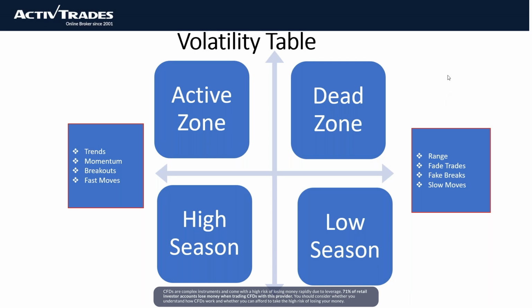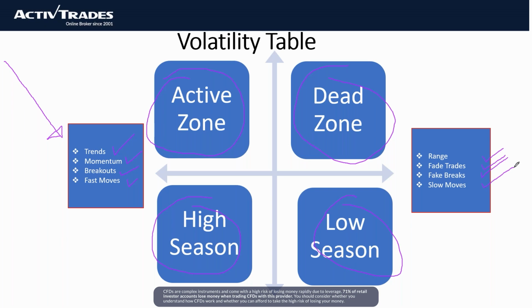So what we might be able to see, let's bring up the old drawing tool here, is that in high seasons, which we've just talked about, September to April, what we're also interested in is, when you're looking at instruments that have an active zone, which we'll talk about in a moment, well then, it's no surprise that what we see recurring time and time again are positive moves for trends, momentum trading, breakouts, fast moves, as opposed to an instrument that is in its low season and also in its dead zone, where, not unsurprisingly, what we see is the opportunity to trade ranges, to trade false breakouts, fake breaks, fade trades, slow moves.